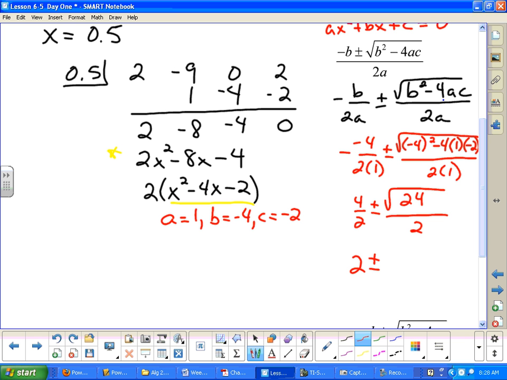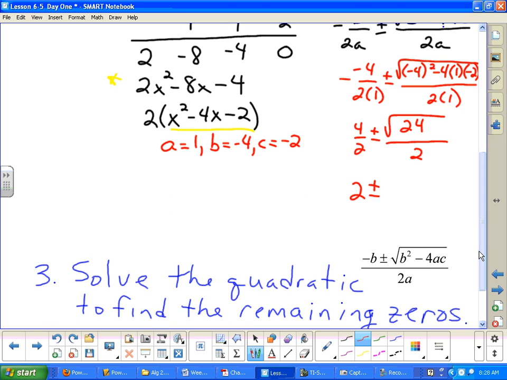And how many of you remember how to simplify radicals? Okay, Rachel does. Look at that. There's that quadratic formula. So we take the square root of 24, and we want to find the largest square that goes into 24.